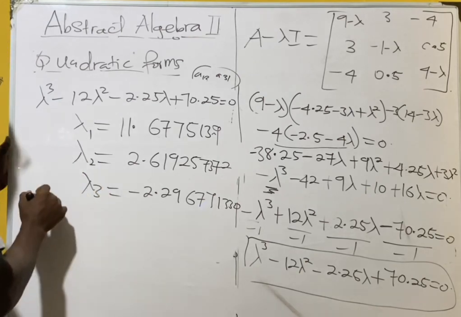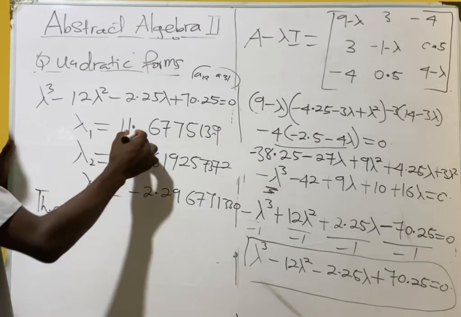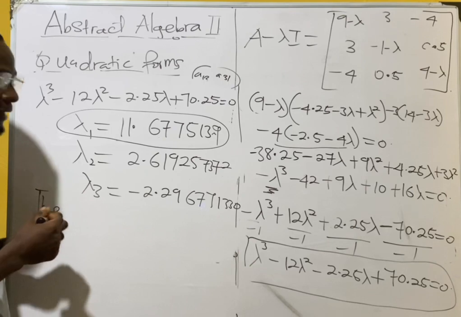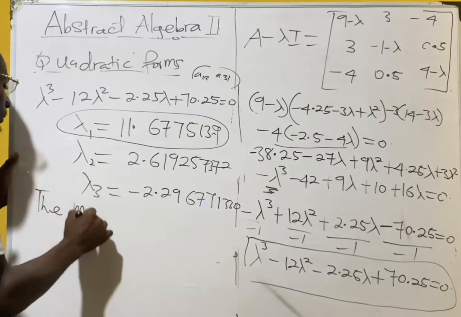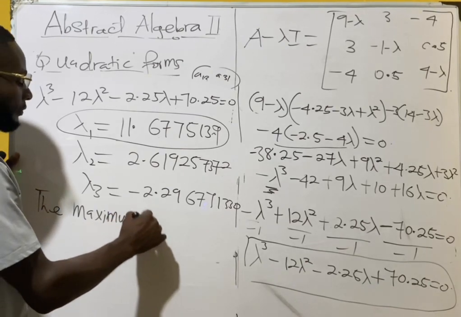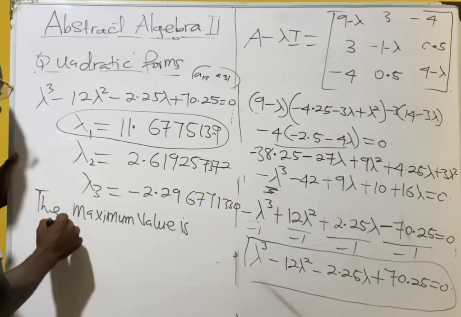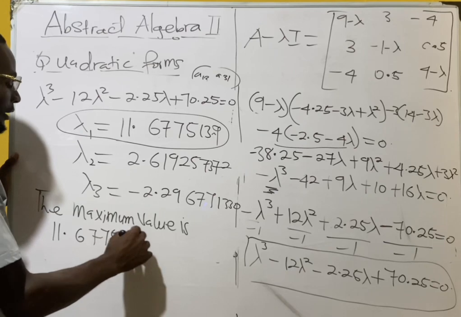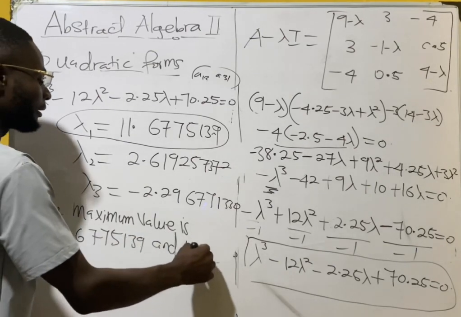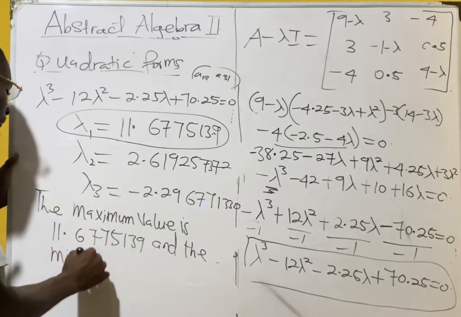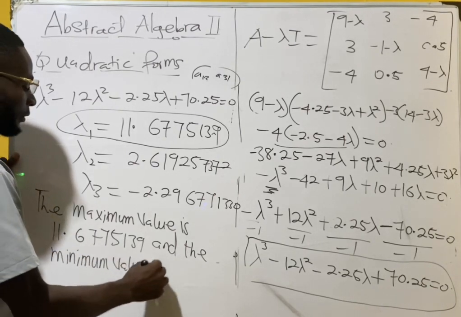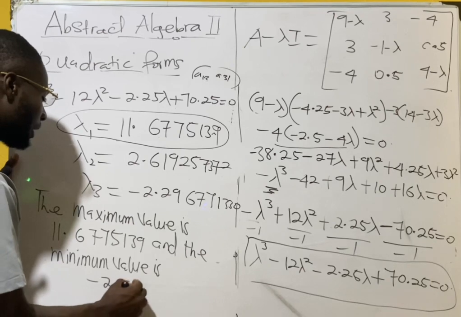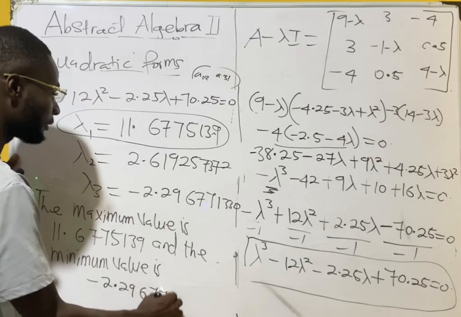So from here, the largest eigenvalue is 11.677513, so our maximum value is 11.677513, and the minimum value is negative 2.29677130.